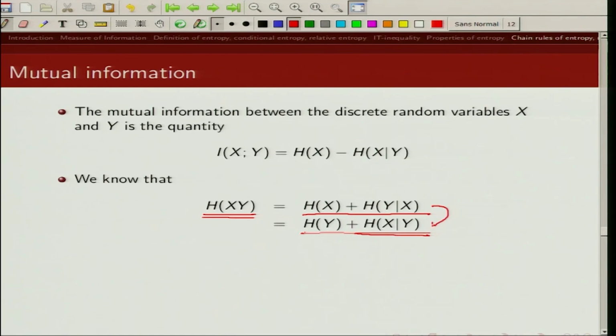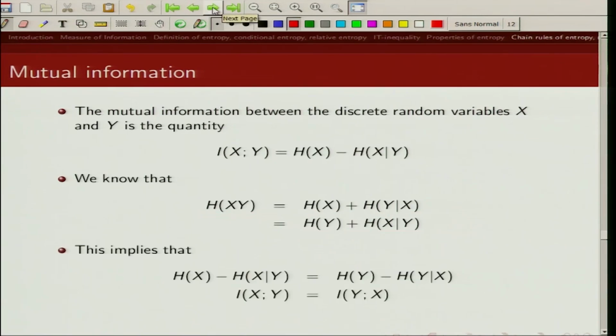So if I compare these two equations, what I get is as follows: h of x minus h of x given y is same as h of y minus h of y given x. And what is this? This is nothing but mutual information between x and y, and this term is mutual information between y and x. So you can see whatever information y is giving about x, the same information is conveyed by x about y. So this is our mutual information.